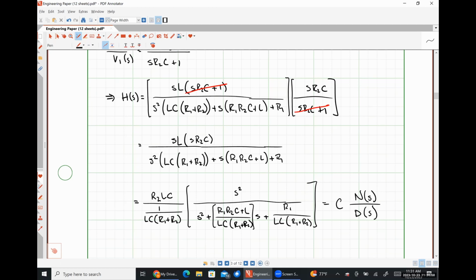You're saying this bit right here should be in the numerator? I disagree. I am multiplying this whole thing right here through by a factor of... when I take it out from here, dividing.